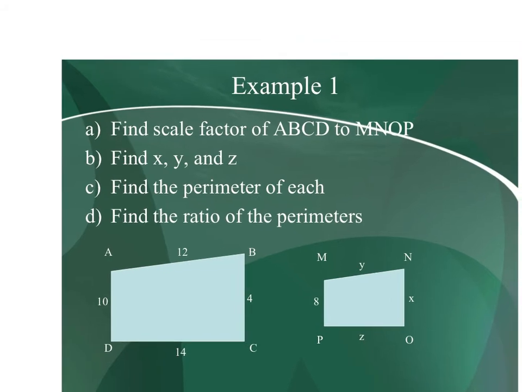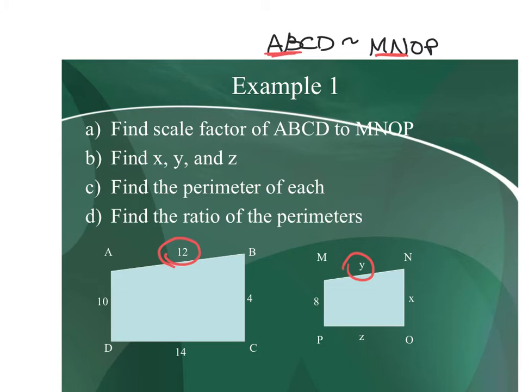So we're going to state that these are similar: ABCD is similar to MNOP. And now to find out which side matches, I'm going to look at the order of the letters. So AB is the first 2, so I'm going to match it with the first 2 here. So AB is going to match with MN, which is Y.